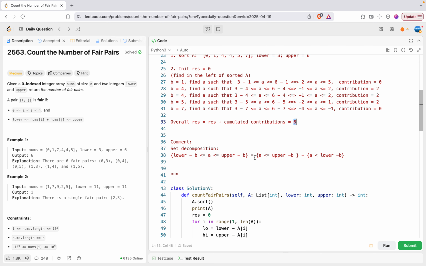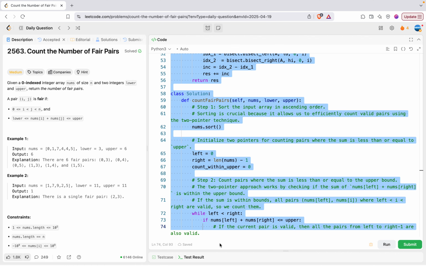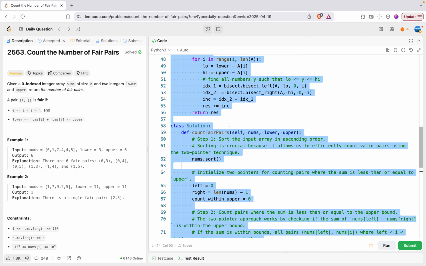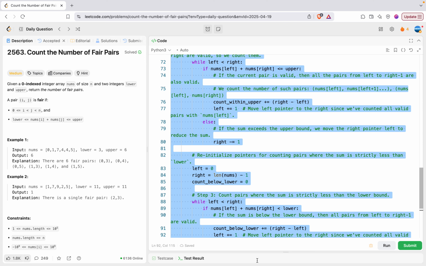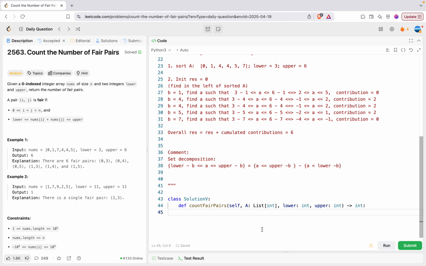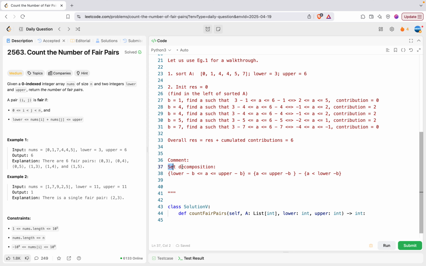Let me delete all of this and then walk you through line by line. Another comment is that we can consider set decomposition.